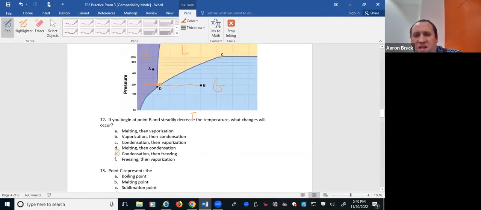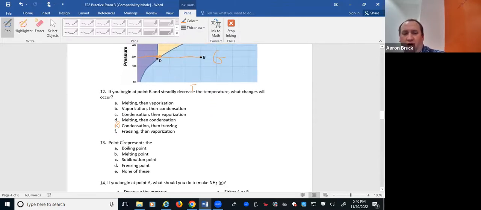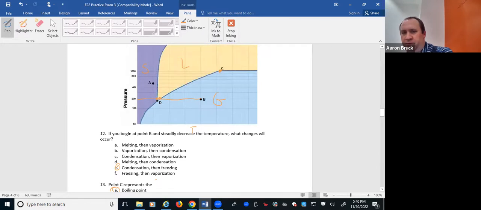Letter C represents a spot on this line between the gas phase and the liquid phase. So one correct answer is, we could call that the boiling point. There is an argument that you could make for letter E, because from letter C, it kind of goes sideways here. You could make an argument that this is actually the critical point.